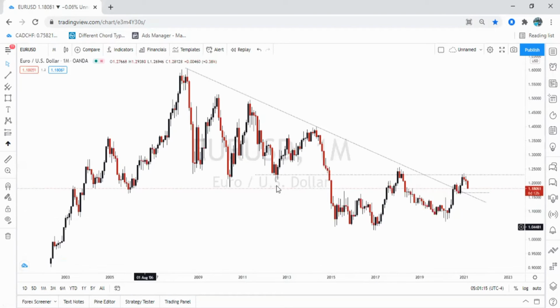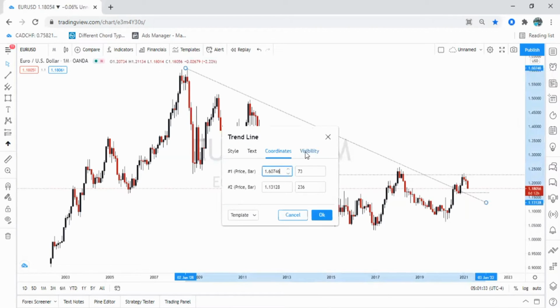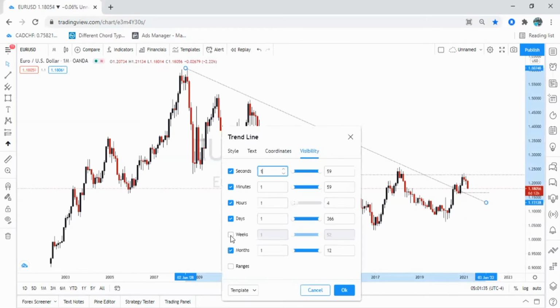Second thing about drawing trend lines: every trend line that you draw should be used for a specific time frame. So if you drew a trend line on a monthly chart, it should only be visible on a monthly chart, right? Because let me show you this.